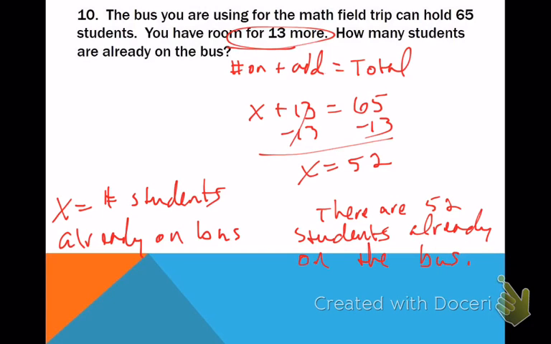Okay? But we need to answer the question in a complete sentence. Like I said, I know this one was a little easy, and you could have done it in your head probably, but we're using it to set up a habit, a pattern. Okay?